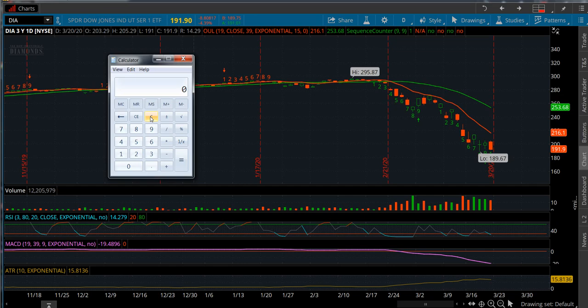Okay, what did it do this week? Okay, it's going to keep going, or the probabilities are that it's going to keep going. People call trading the stock market gambling. It's not true. It's not true at all.